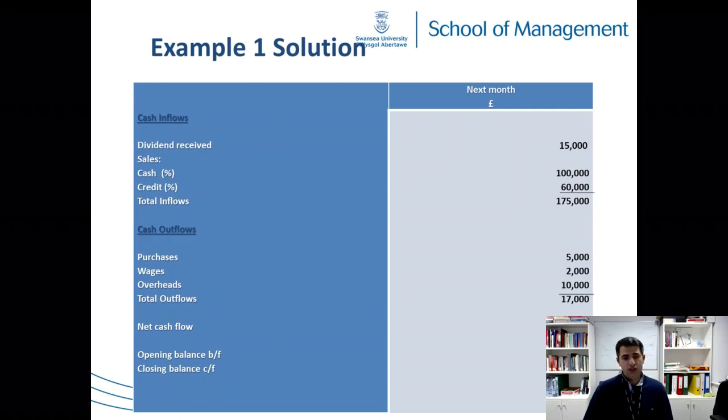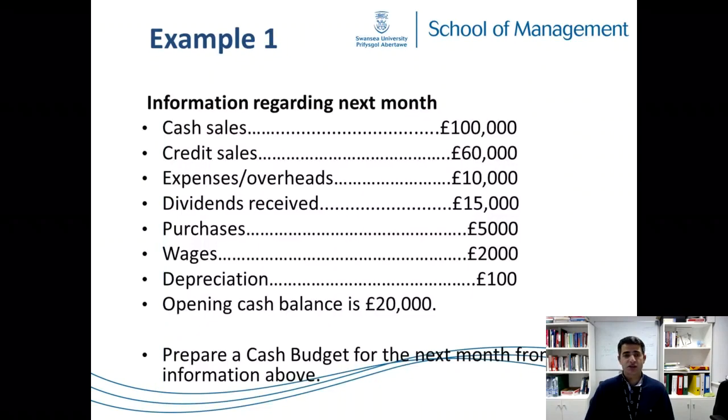So now we need to look at the cash outflow. When it comes to cash outflow, we have purchases 5,000, wages 2,000, and expenses, overheads 10,000. So these are the only expenses.